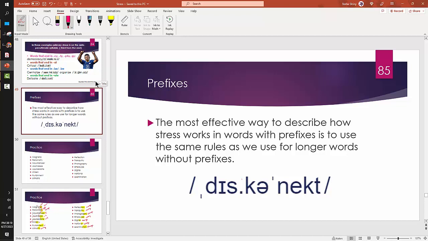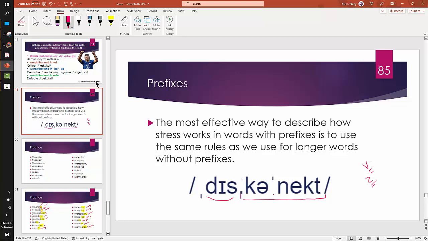For example, here we have disconnect. This is a prefix, so we will deal with the word like we don't have the prefix. Connect. Connect is a verb and it is 2 syllables.